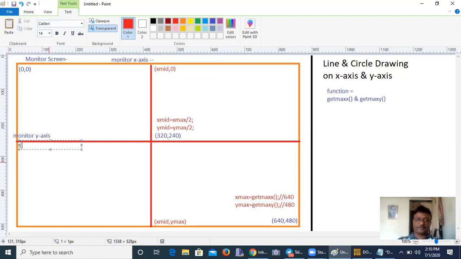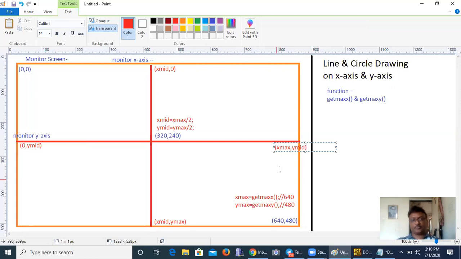This is my 0, and then the value is ymid, because I am incrementing the ymid value. And here, what is the value over here? I am incrementing with xmax and ymid.